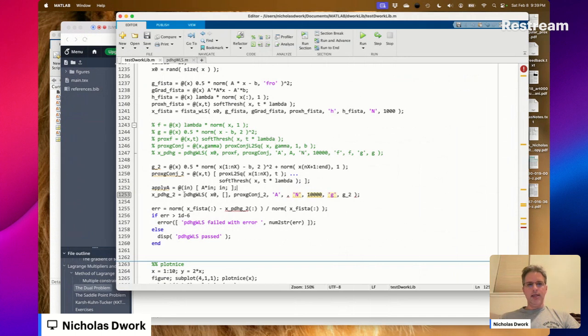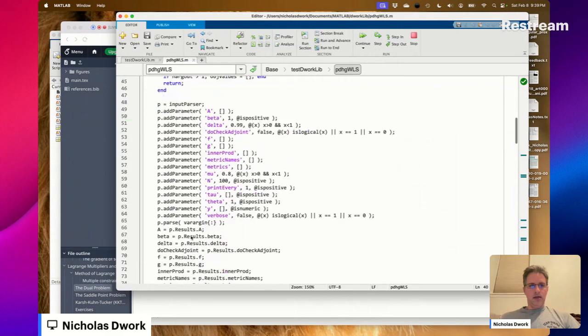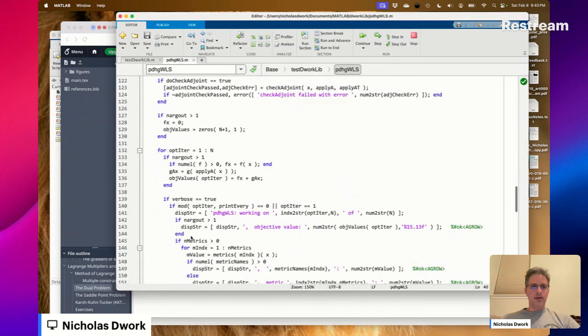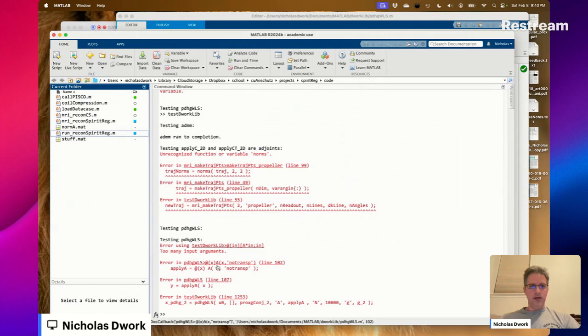A is now the concatenation of the matrix A with the identity matrix. That still seems like it's going to give the wrong answer, doesn't it? Oh, no. Okay, why did it break?